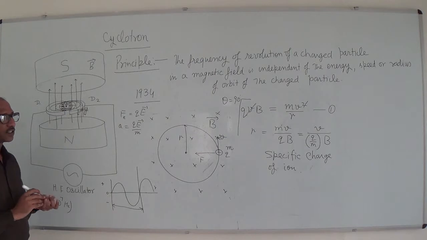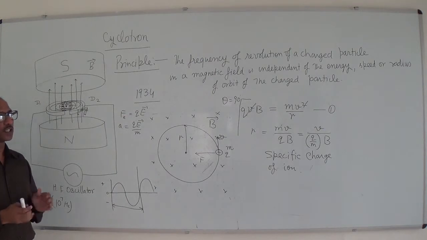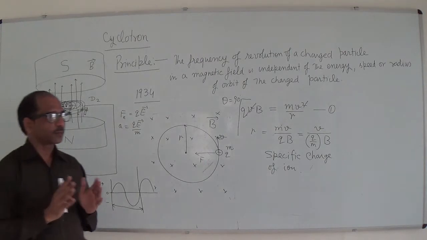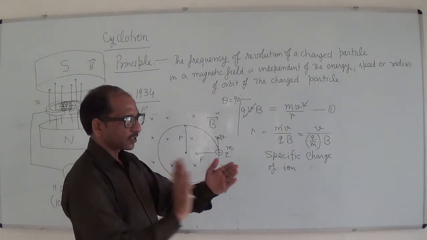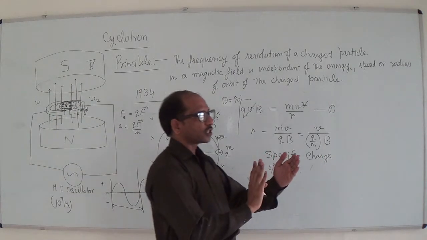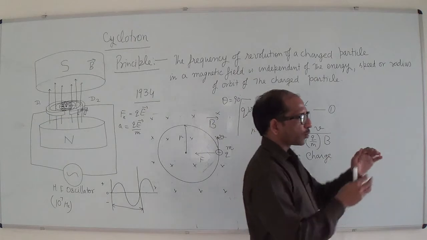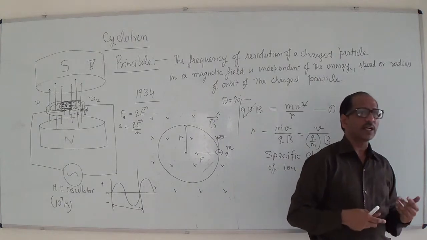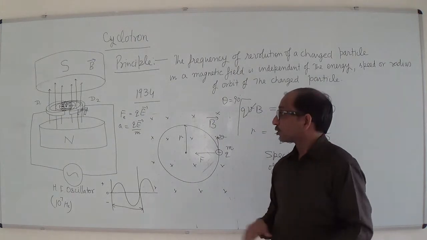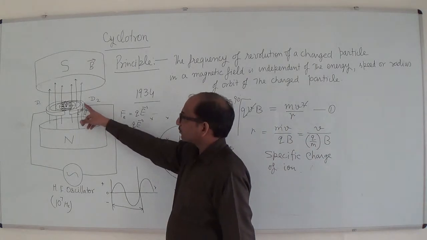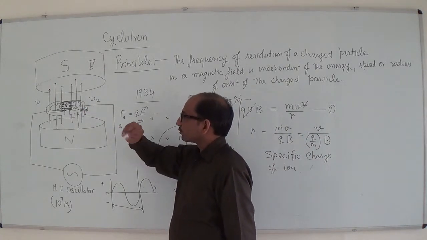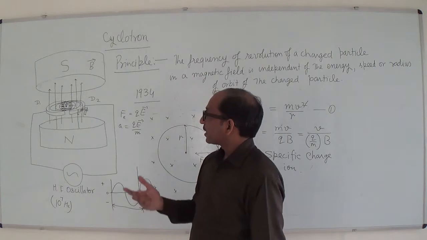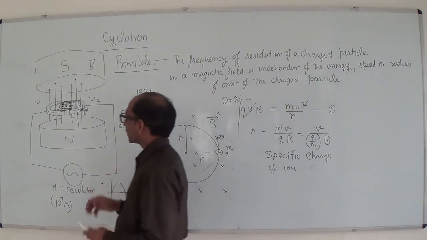We know the charge on the ion is positive. If we use a positive plate, that will repel the positive ion, and we can provide a path to that positive ion. So this positive ion comes out through this window with enough energy and hits the target.